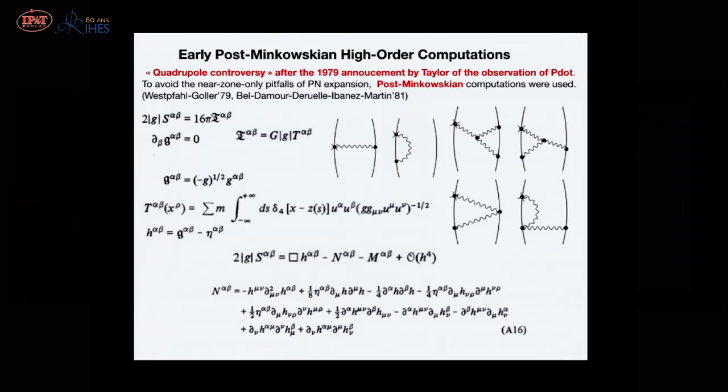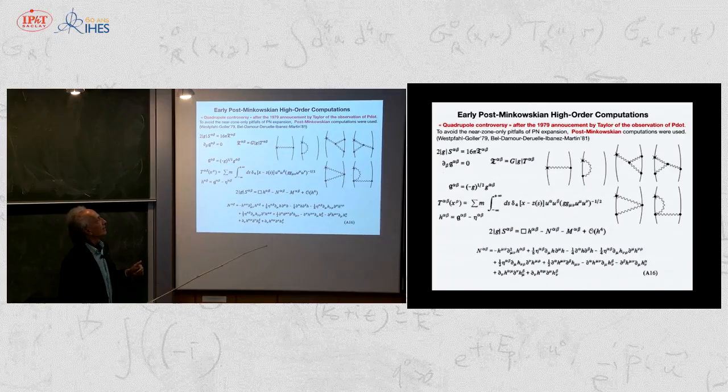Now let me tell you about what was explicitly done for explicit calculations of the motion of bodies in general relativity. At the end of 1979, Joe Taylor announced that he had measured for the first time that in a binary pulsar, the orbital period of the system was decreasing.